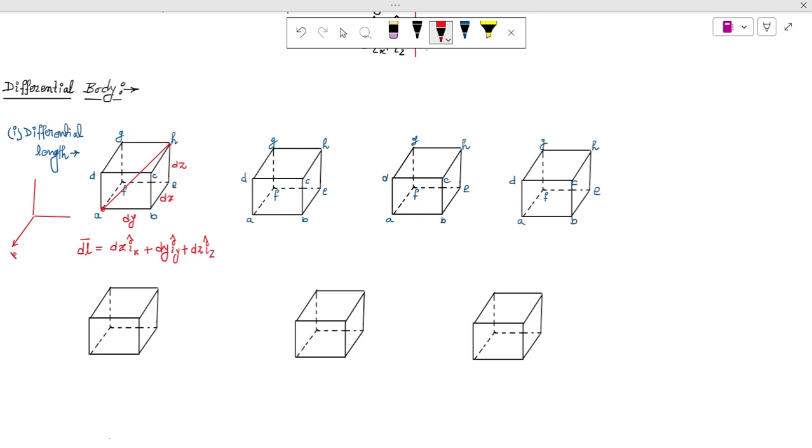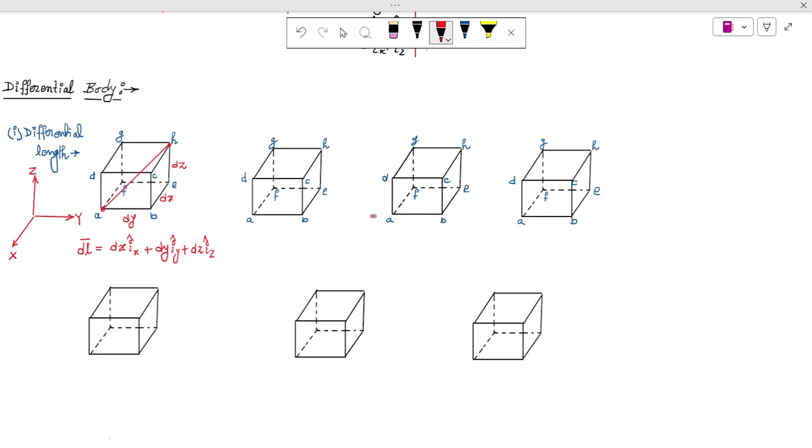This is along the x direction, this is along the y direction, and this is along the z direction. Am I right? So this is the differential.